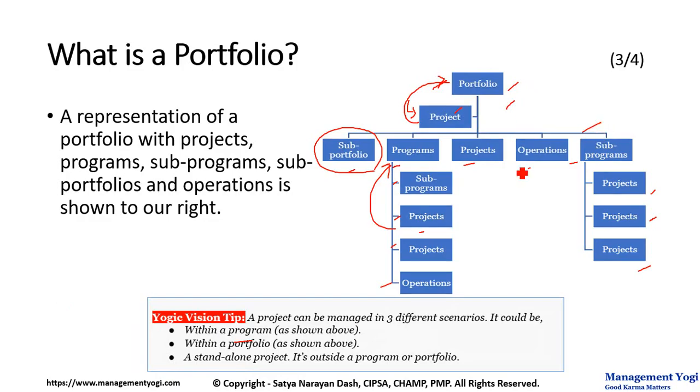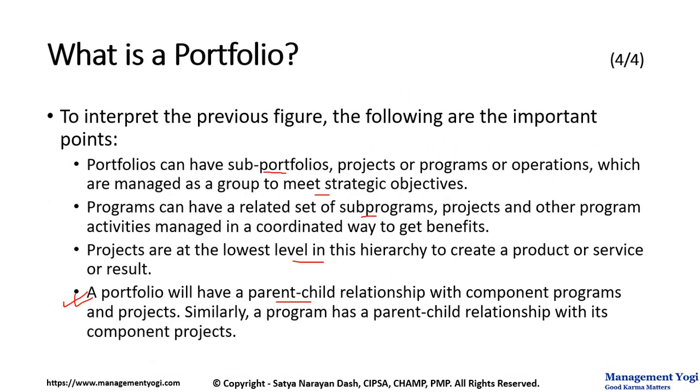Similarly, a program will have a parent-child relationship with its component projects. So program, this is the parent, this is the child, this is another child, and this you need to understand. So again, to recap, a portfolio is a collection of component projects, programs and operations managed as a group to achieve the strategic business objectives of an organization.